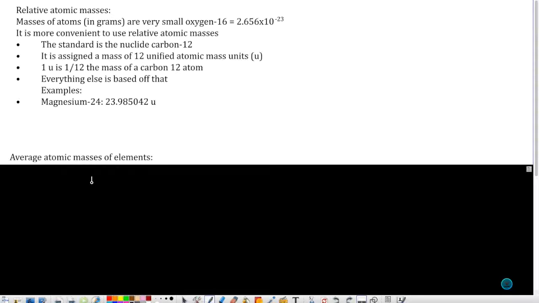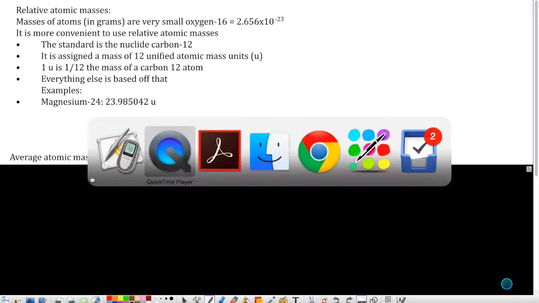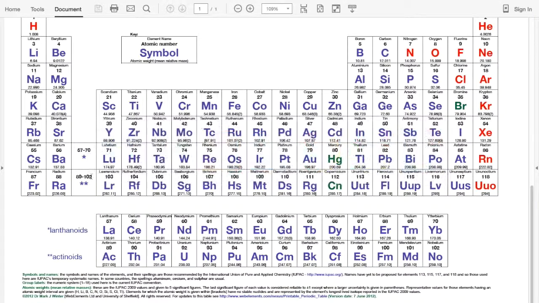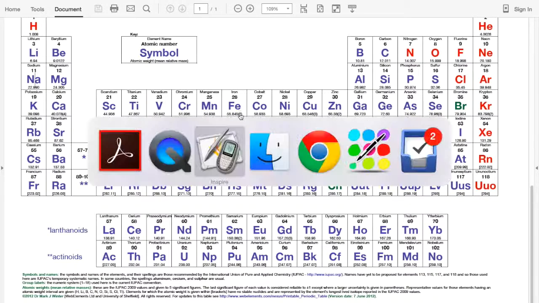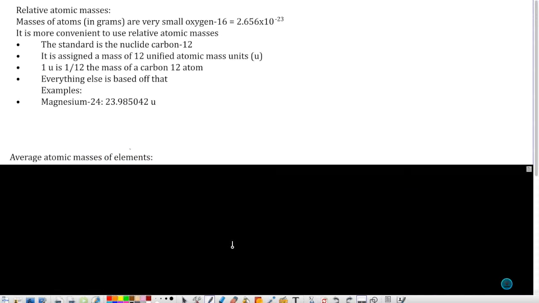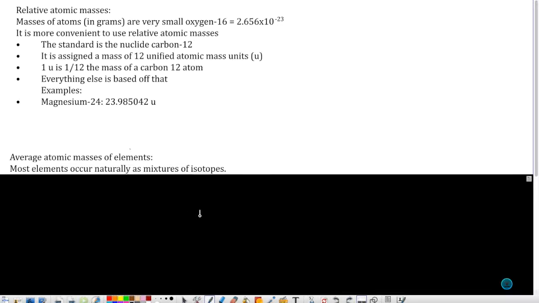So keep in mind that when we look at a periodic table, we're given 1 mass. Now, we know that each element is actually made up of a mixture of isotopes.